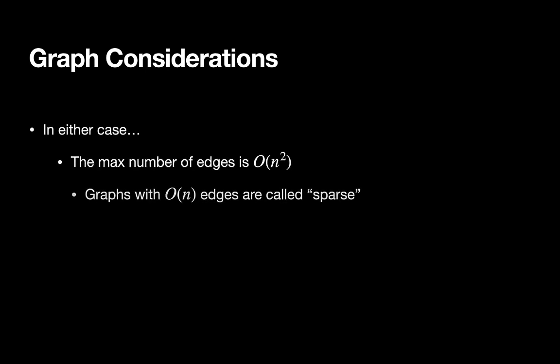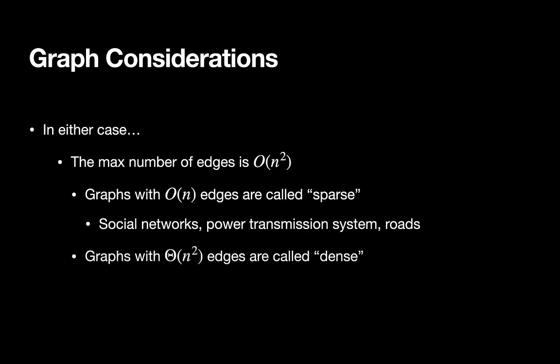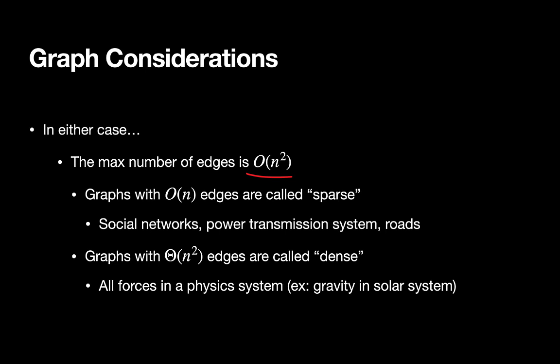In either case, the maximum number of edges is big O of n squared. This brings us to 2 more terms. If the number of edges we have is on the order of n, it's considered to be a sparse graph. It turns out a lot of practical graphs, probably the vast majority, are sparse graphs.